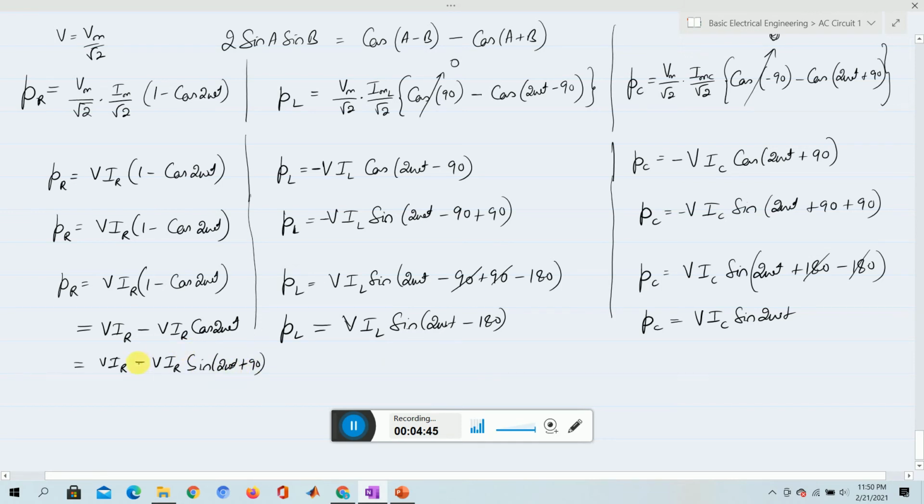Then you can remove this negative sign, and have VIR minus VIR or plus, okay, this will be sine of whatever term, minus 180. So this is nothing but this term minus 180 plus 90, which will be minus 90. So we get the instantaneous value PR, here the instantaneous value PL, and here the instantaneous value PC.